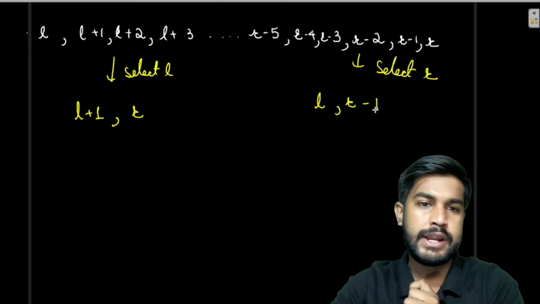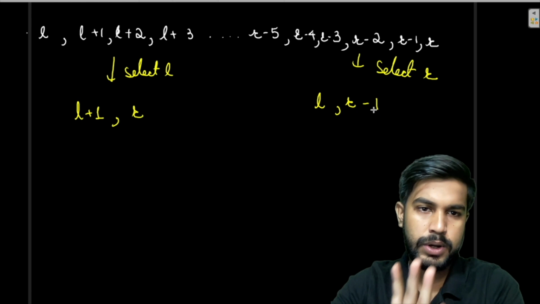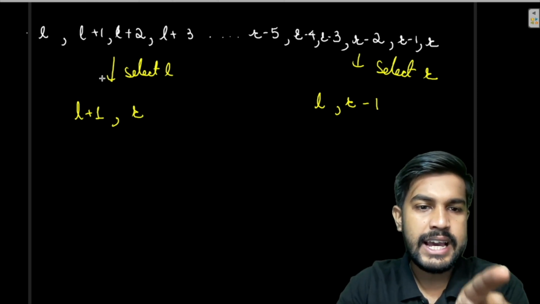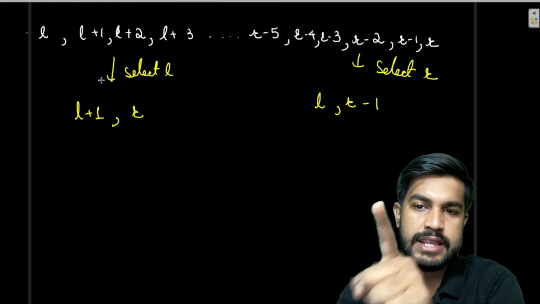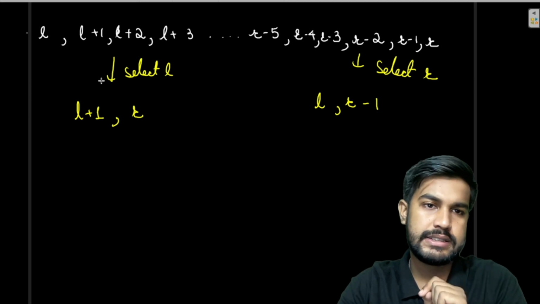So I selected this L and my opponent has this. I selected this R, my opponent has this.